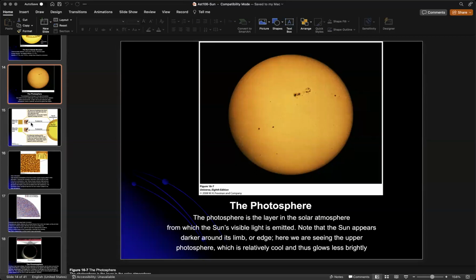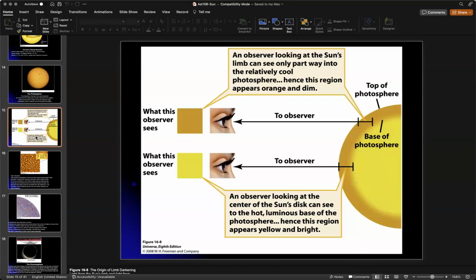So scientists figured out the reason for this darkening of the limb. Basically, the outer part of the photosphere is colder and less bright, and the base of the photosphere is hotter and more bright. And so the light that is coming from the base of the photosphere has to come through the cooler outer part of the photosphere, and in that process gets absorbed and becomes a little bit dark.